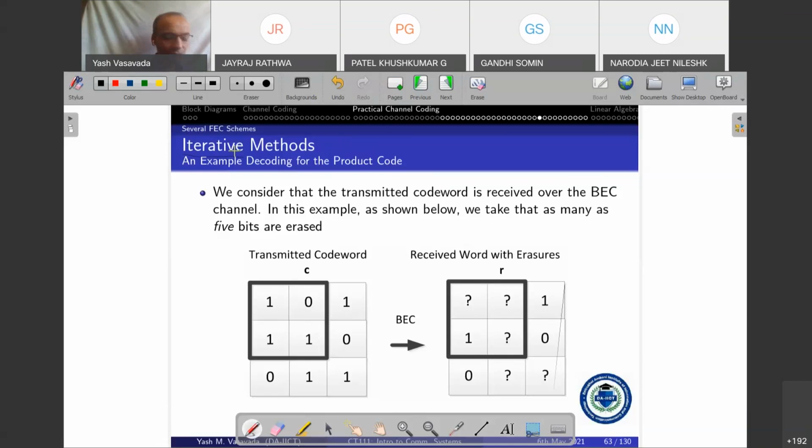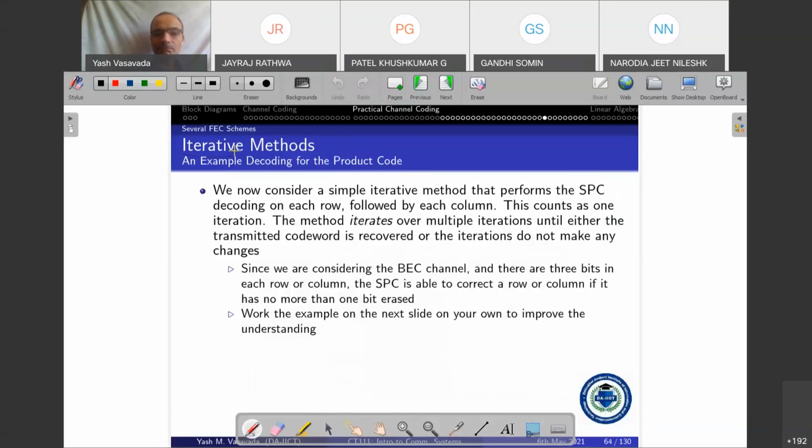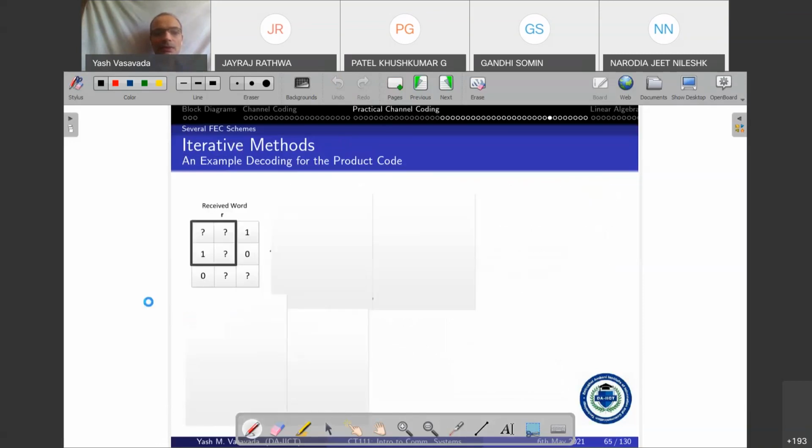Okay, so this is the starting point. This is where the receiver is, and it started doing row by row. So when it looked at the first row, 2 out of 3 bits got erased.